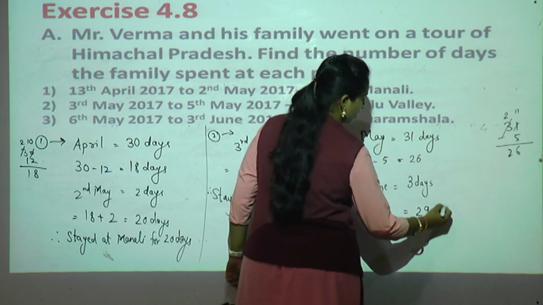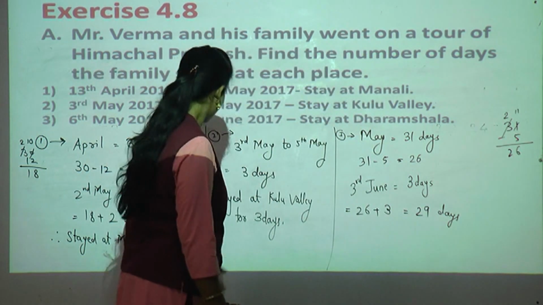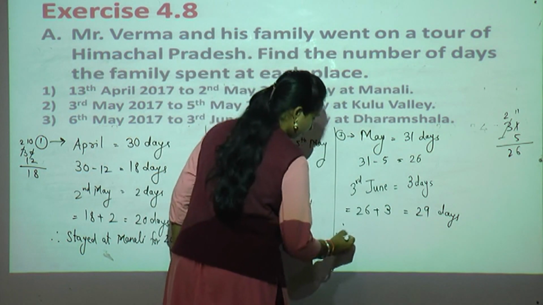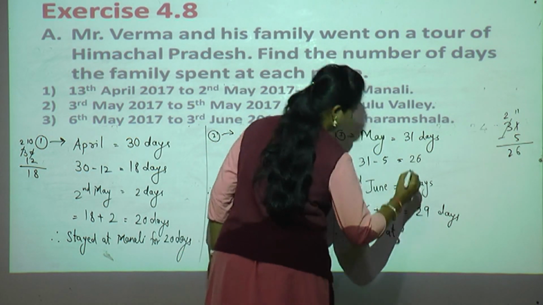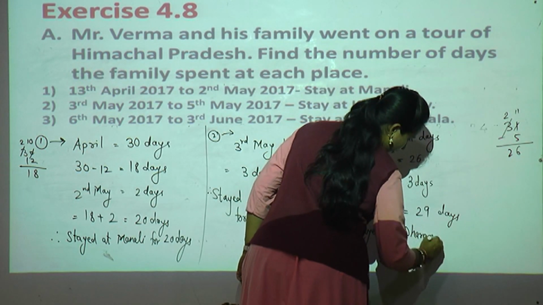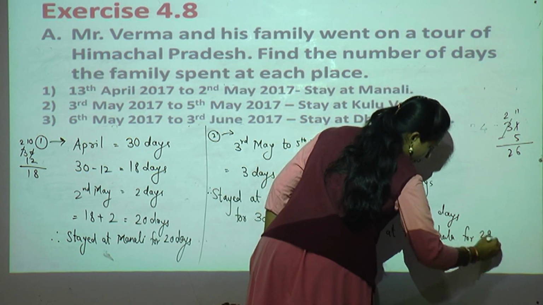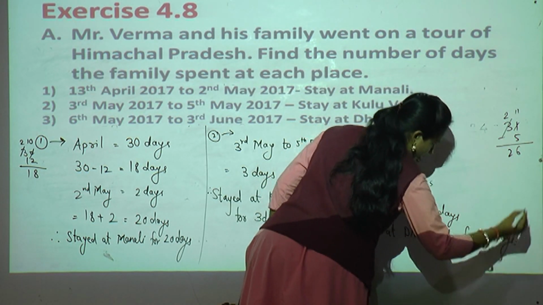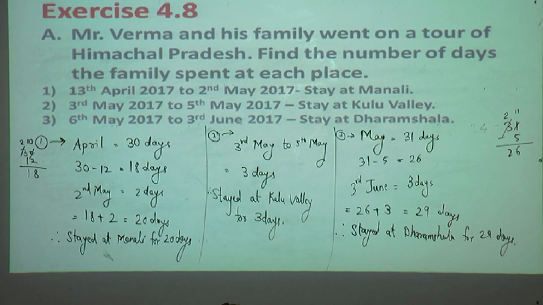So in total they stayed 29 days at Dharamshala. So you can write here: stayed at Dharamshala for 29 days. Clear? Understood? Very good.